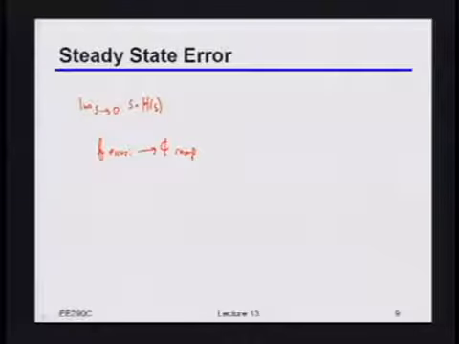Assuming I'm working on everything now as phi of S. So what would be the representation of a phase ramp? And remember, it's a ramp. So what's a step? 1 over s. A step would be 1 over s. A ramp is 1 over s squared.